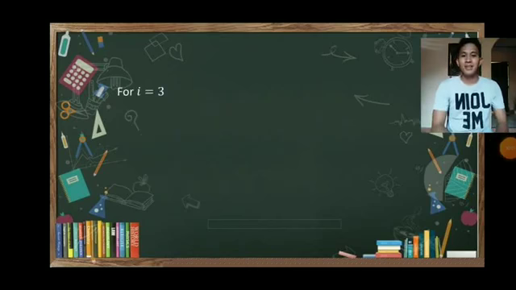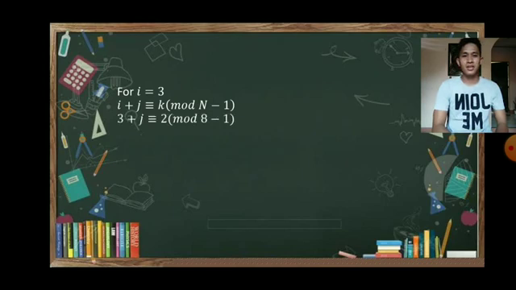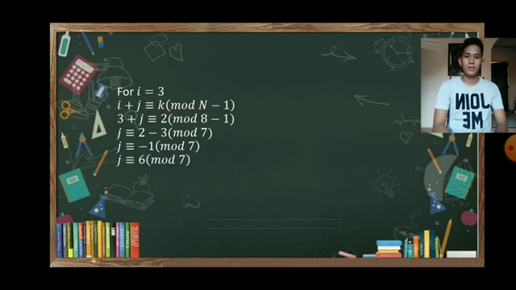For i equals 3, which is i plus j congruent to k mod n minus 1. Substitute the value of i, which is 3: 3 plus j is congruent to 2 mod 8 minus 1. j is congruent to 2 minus 3 mod 7. j is congruent to negative 1 mod 7. j is congruent to 6 mod 7.